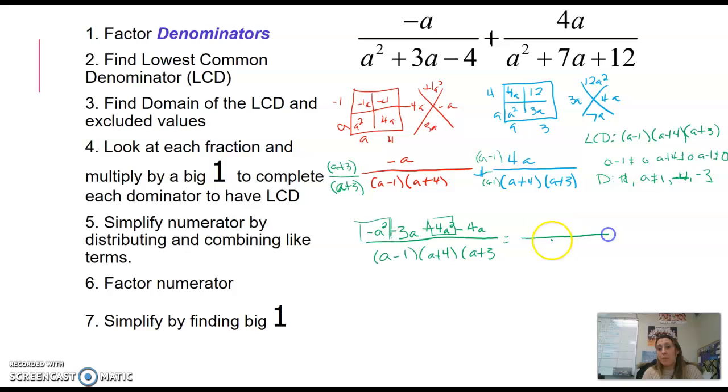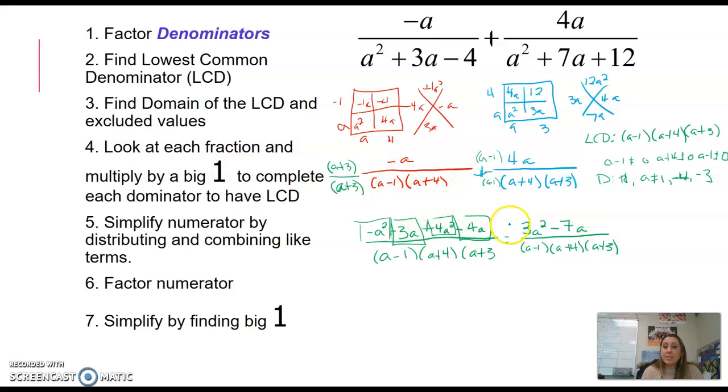So again, my answer is going to have a minus 1, a plus 4, a plus 3. So I get 3a squared, and then I have a negative 3a and a negative 4a, and so that is negative 7a.